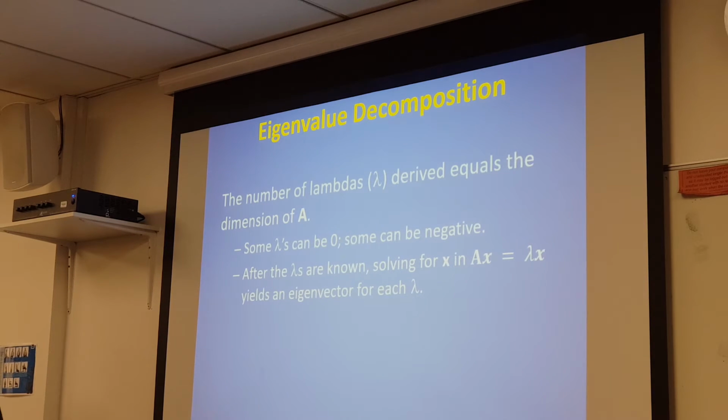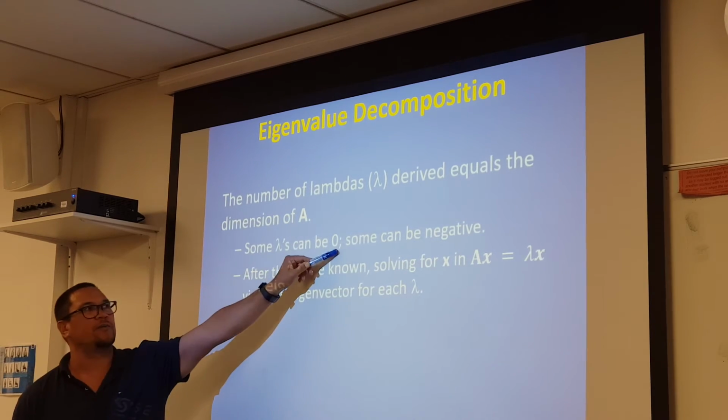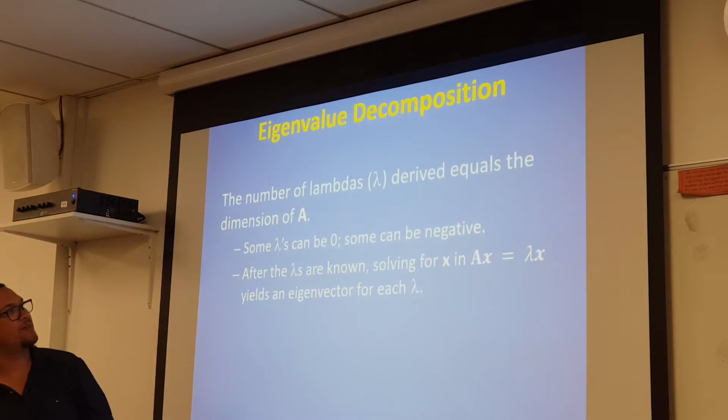Right, so the number of non-zero lambdas you get equals the number of dimensions of your matrix. I say the number of non-zero lambdas because some lambdas can be 0, and in theory some can be negative.